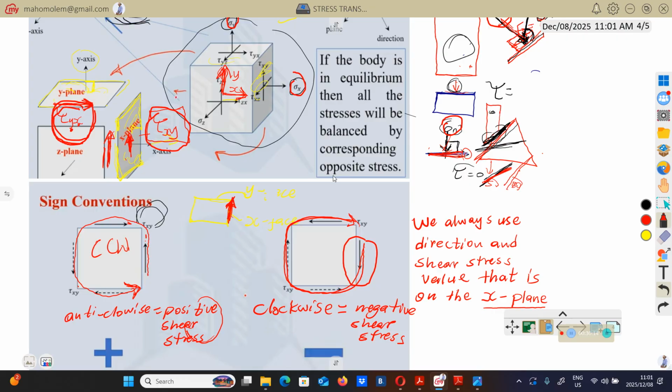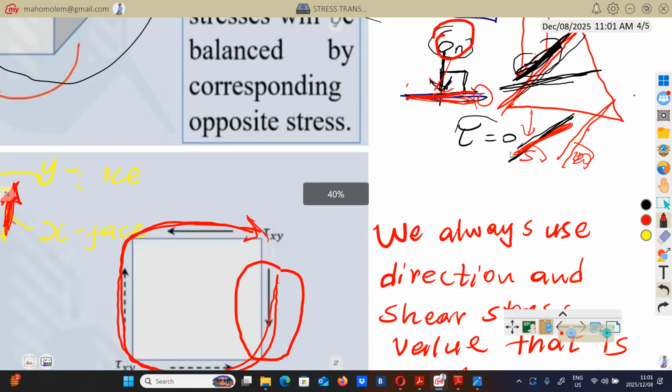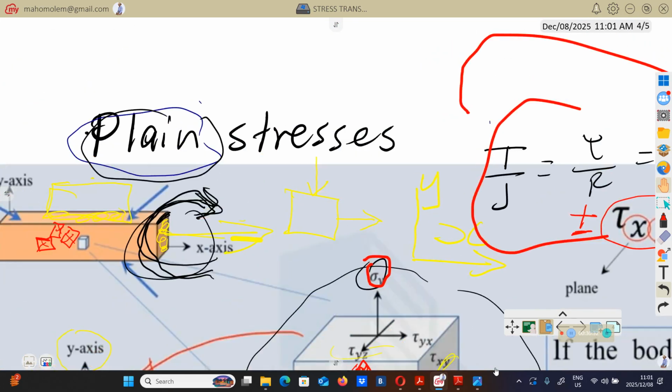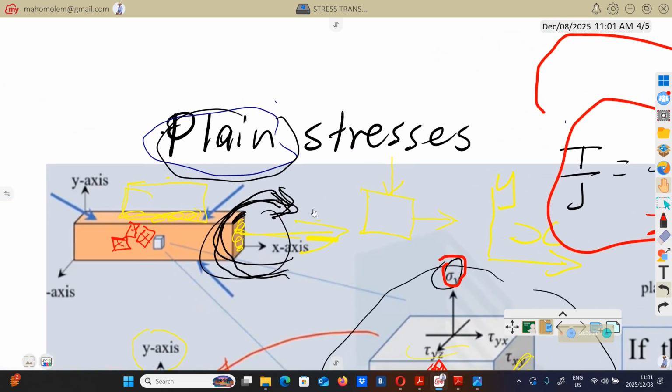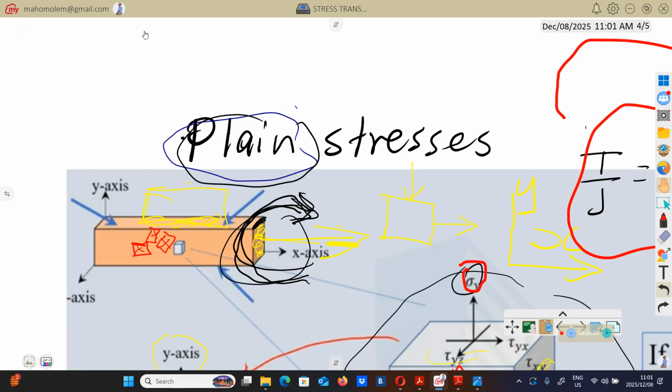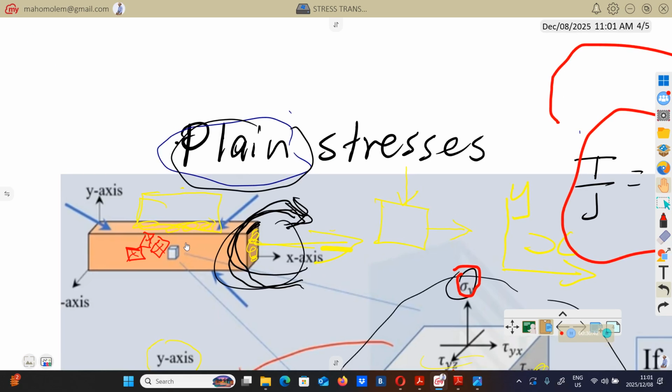with the angle of theta. Theta will be talking about the angle of this plane. Remember, I said that we are going to rotate this plane, the plane of this element. We are going to change the element from this plane.